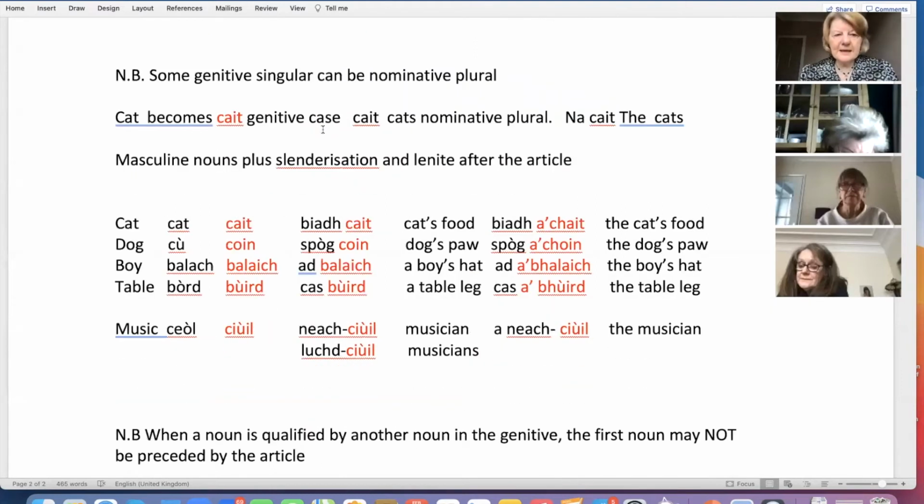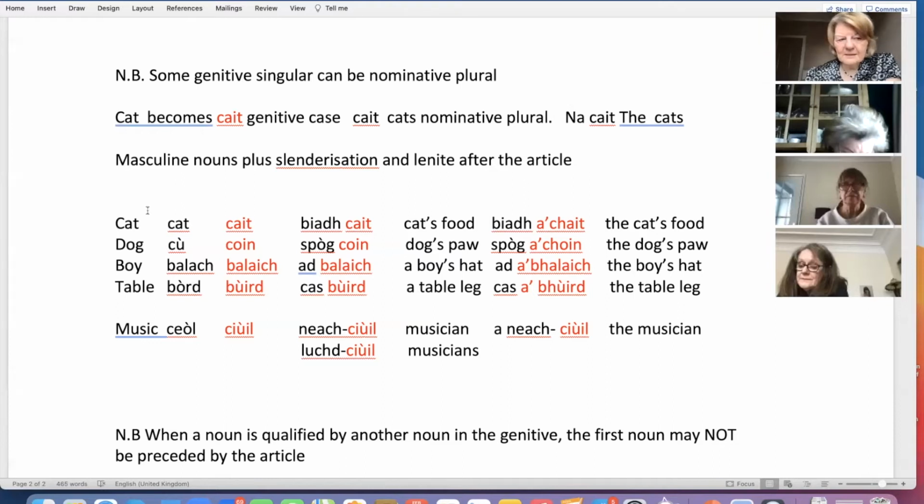Some genitive cases, singular, can be nominative plurals. For example, cat is a cat. Cat becomes cage in the genitive case. Then you'll see cage as well, which will be cats, and the cats is ne cage, the definite article in the plural, ne cage.